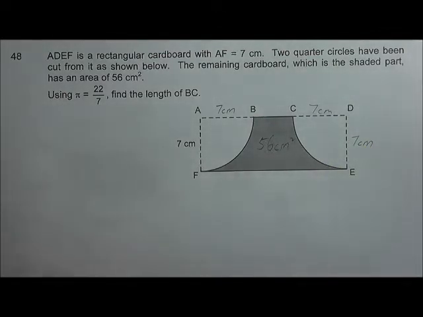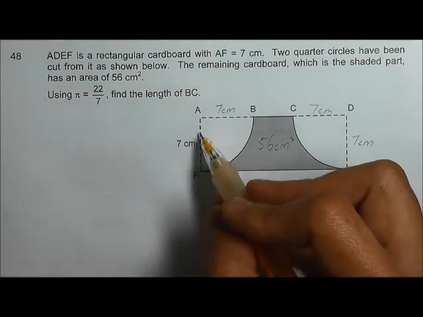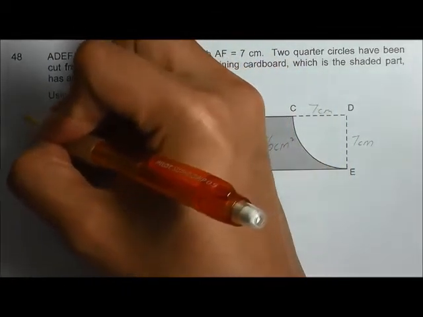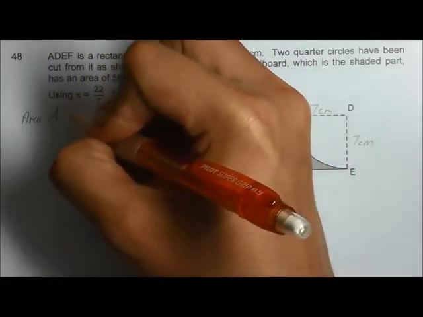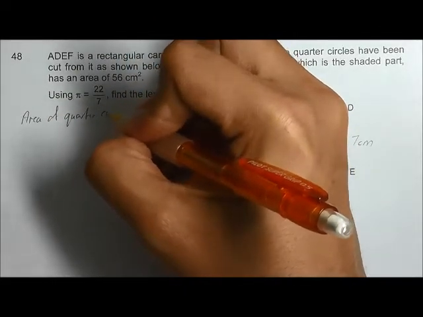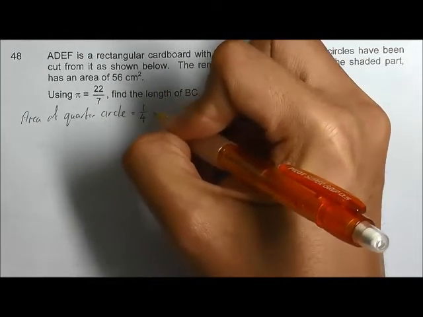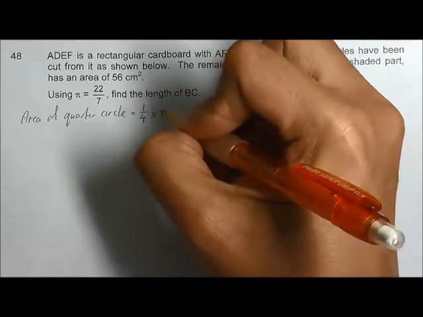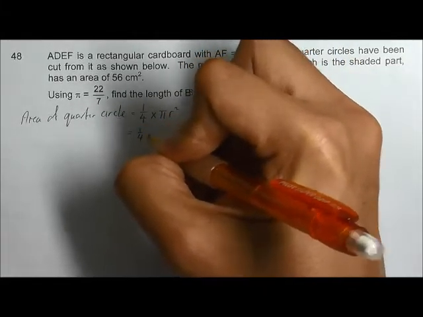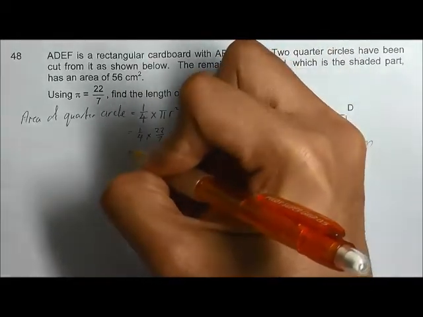Okay, so what we can do now is find out the area of 1 quarter circle. The area of a quarter circle is equal to 1 quarter times pi r square. So it is 1 quarter times 22 over 7 times 7 square.